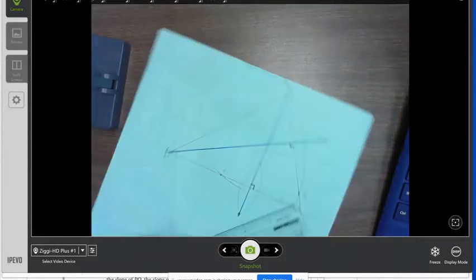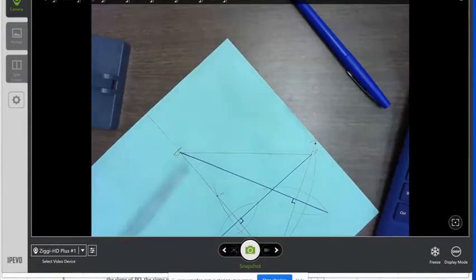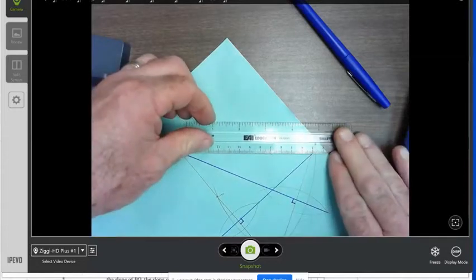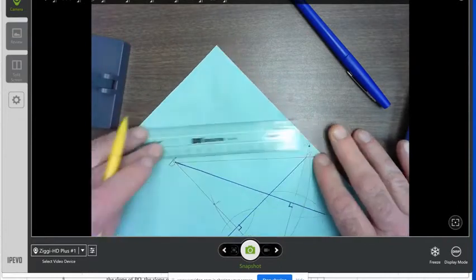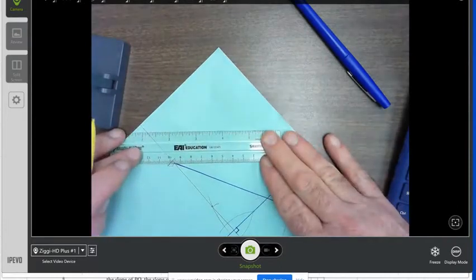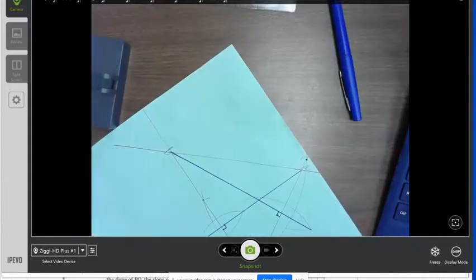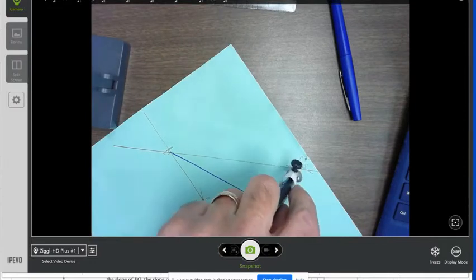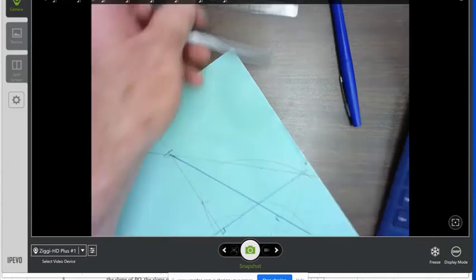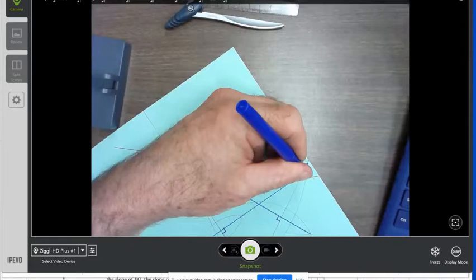And then the last one, the altitude through C. So across from vertex C is side AB. So I'm going to extend side AB as far as I can. And then I'm going to swing an arc from C that crosses AB twice. Okay, so that arc crossed AB there and there.